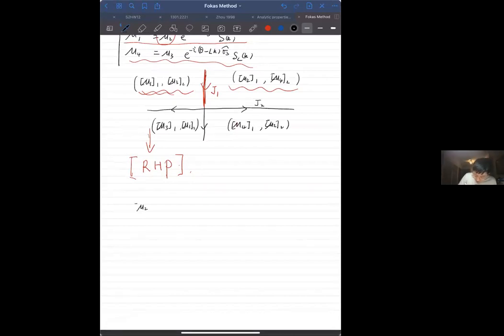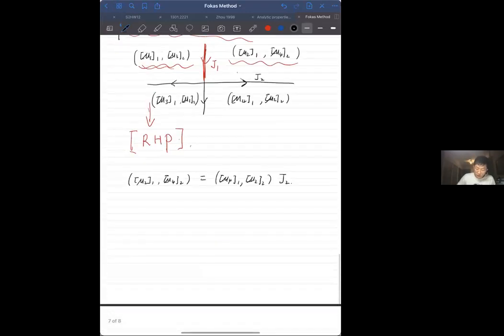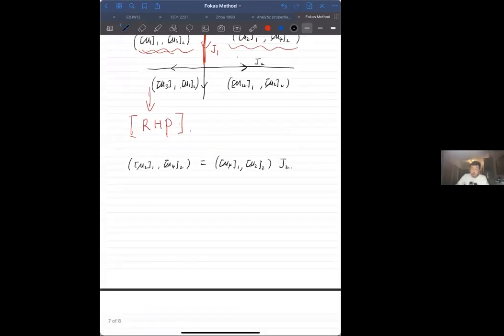So you need to connect, and we oriented it like this. So this is the left and this is the right. So mu4 equals mu2 times J2, right? So this is a Riemann-Hilbert problem. We want to determine J2.